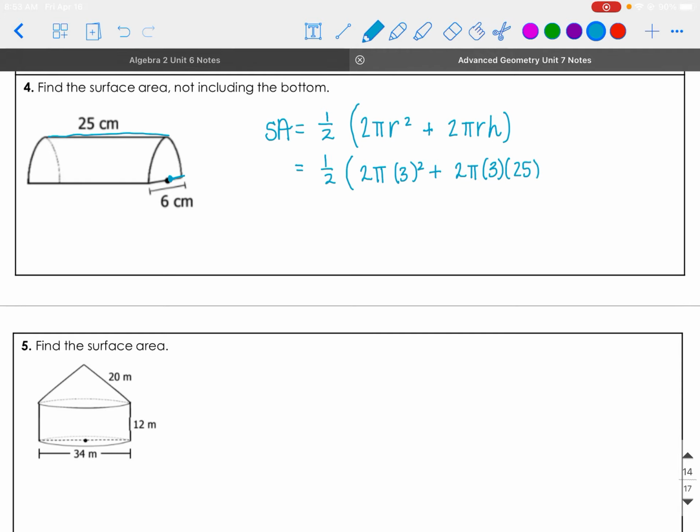My height is 25. Now, the reason I have these extra parentheses is because if you just did 1/2 times, it would not send the 1/2 to this part. So you've got to be careful. You could have just found the whole surface area and then divided by 2 at the end. And when you type all of that in, you get 263.9 centimeters squared.